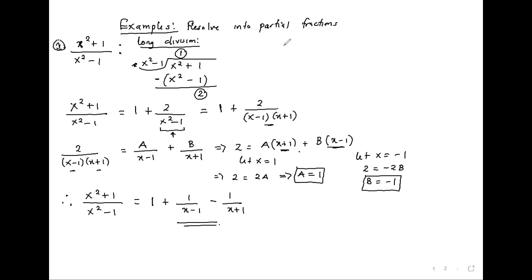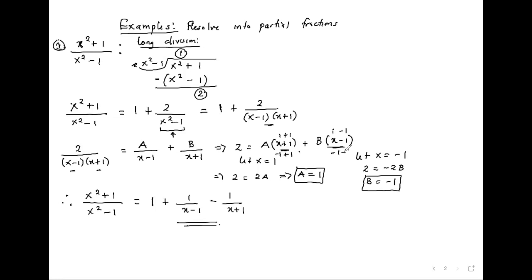So if we say x is equal to 1, we know that 1 minus 1 will be 0. But then here, 1 plus 1 won't be 0. So it will help us get A. You come back and say, what about -1? -1 plus 1 will be 0 here.